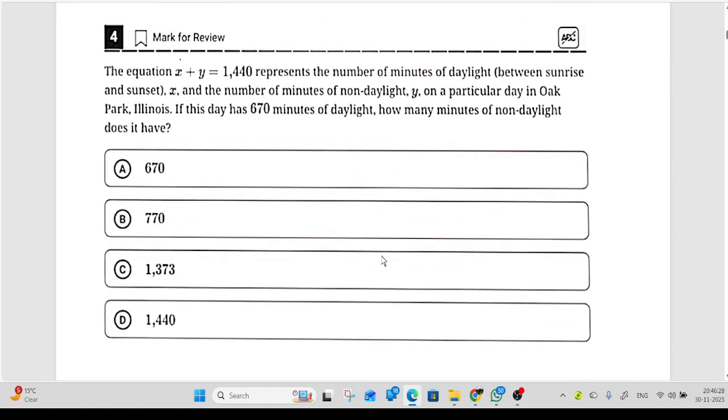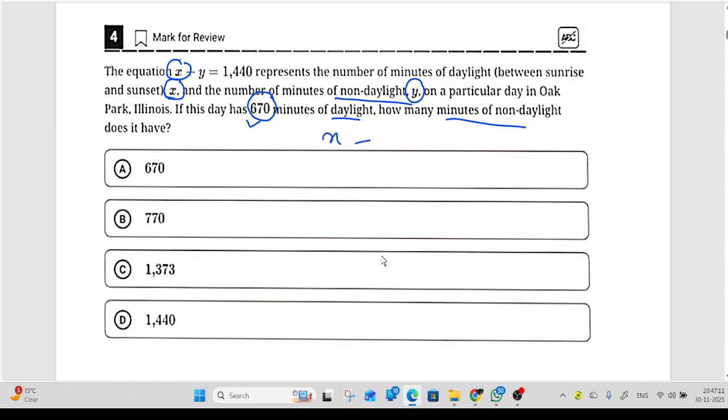Actually this one. So this equation x plus y equals 1440 represents the number of minutes of daylight, and so x is the number of minutes of daylight and non-daylight is y on a particular day. If this day has 670 minutes of daylight, how many minutes of non-daylight does it have? So x is daylight and y is non-daylight. So x value is given, right? Because, as it says, x is daylight and daylight minutes are given.